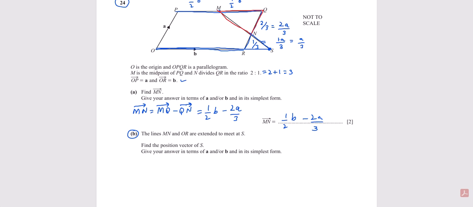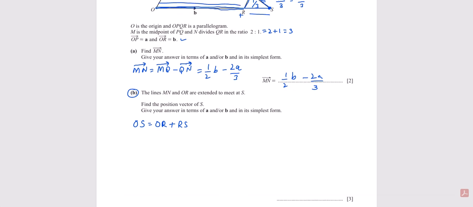First of all, OS, O to S, is equal to OR plus this line RS. OR is equal to B and RS we find.